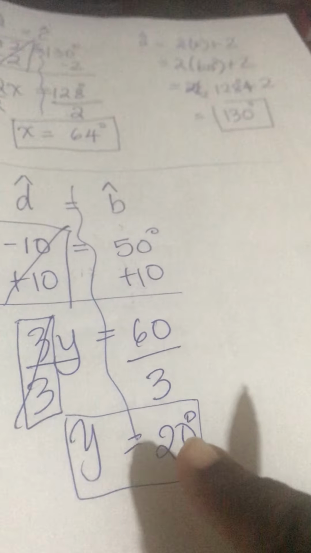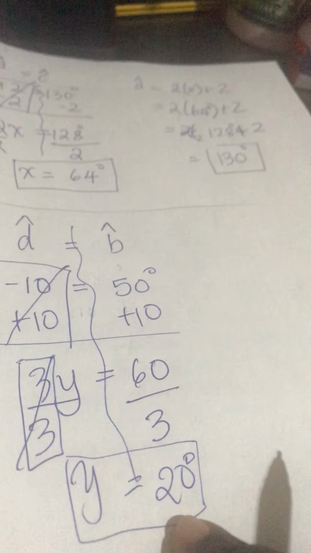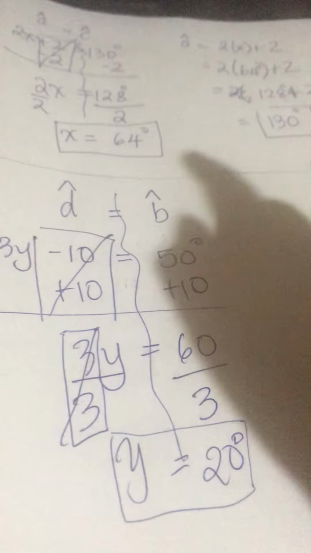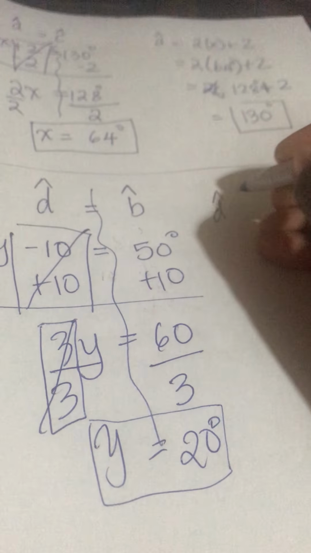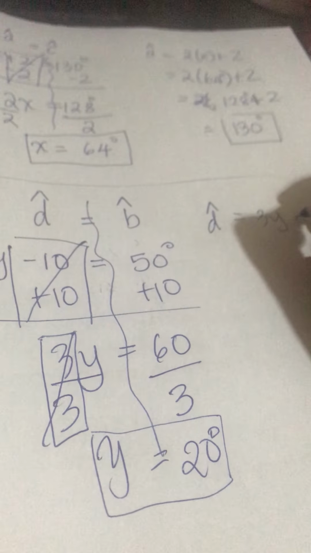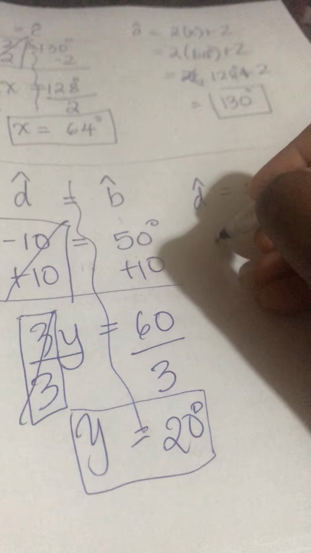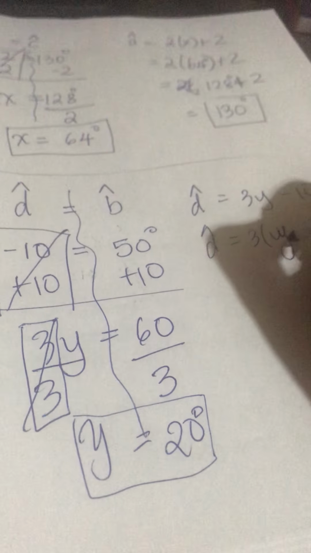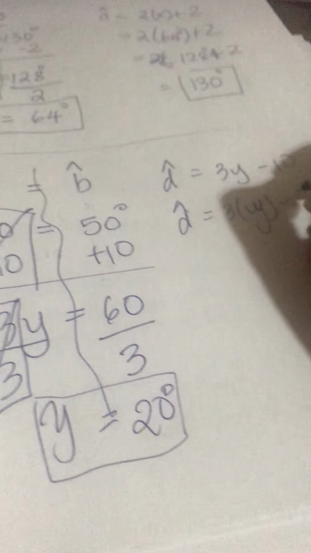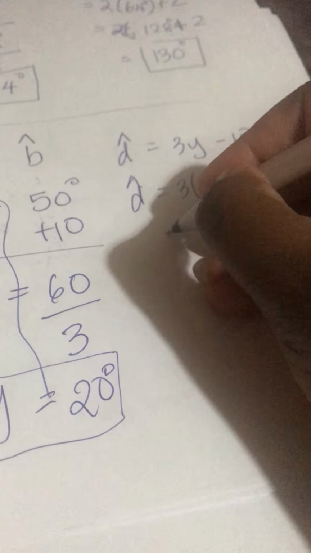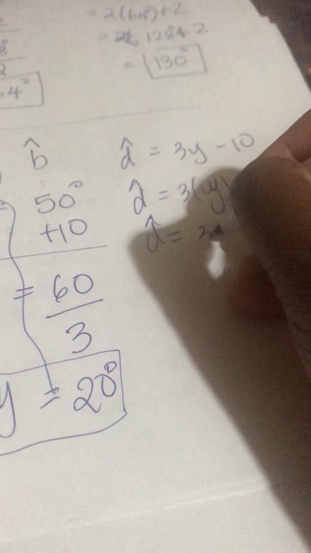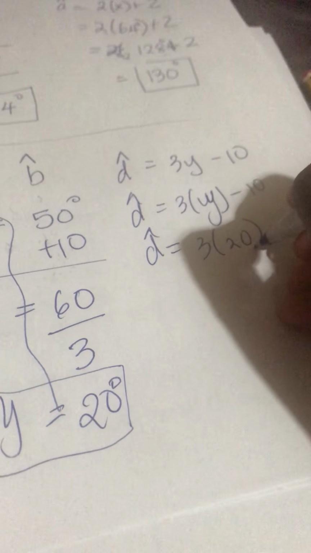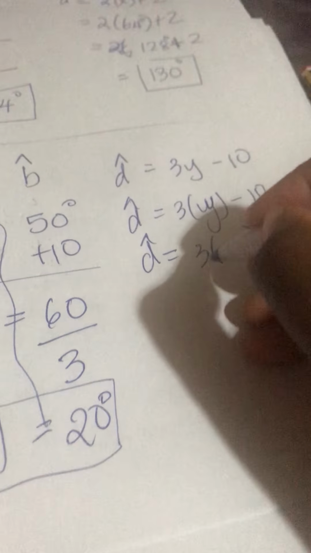Okay? After you do that, you check. Angle D equals to 3y minus 10. Angle D equals to 3 bracket y minus 10. Angle D equals to 3 times 20 minus 10.